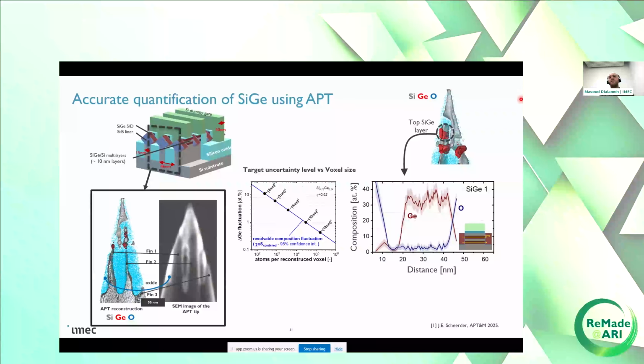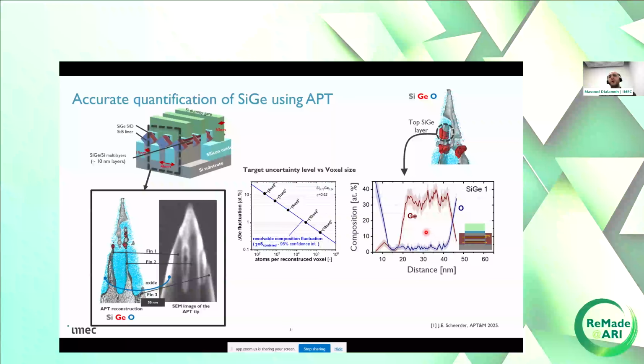Maybe this is more evident from this more zoomed-in reconstructed atom probe data. What we are interested in is to probe the germanium composition along the fin, along the silicon germanium layer. And this is the final result that we have obtained.